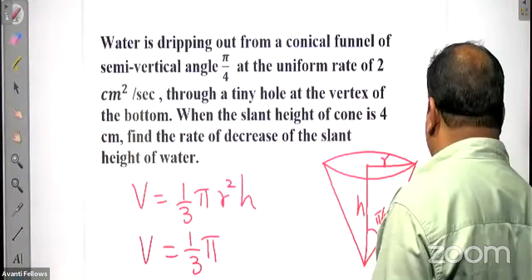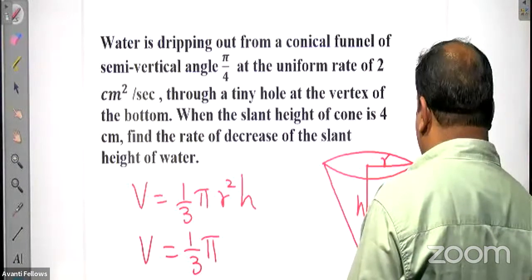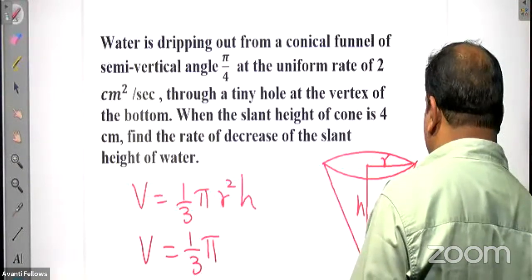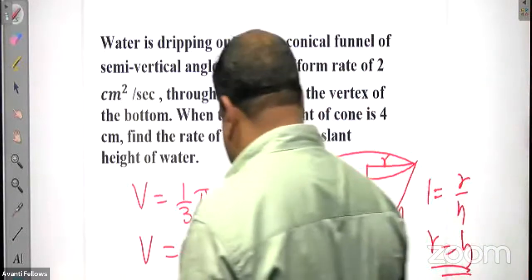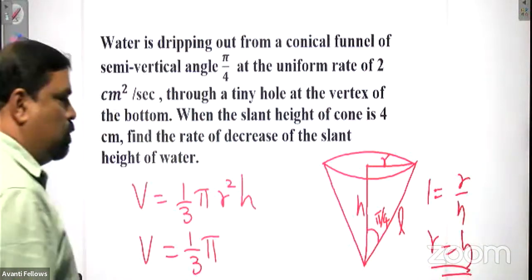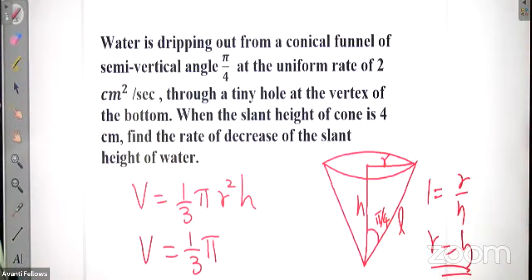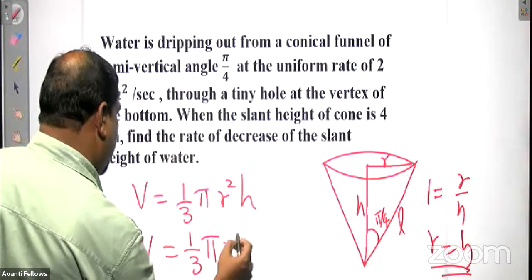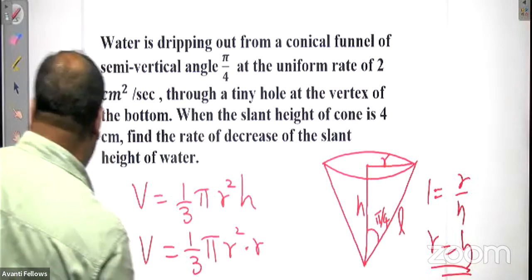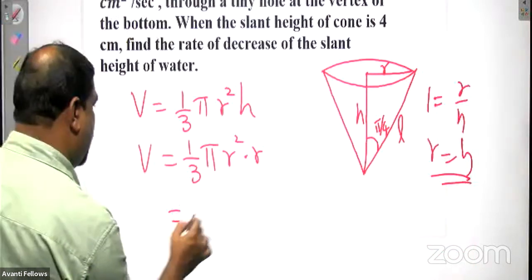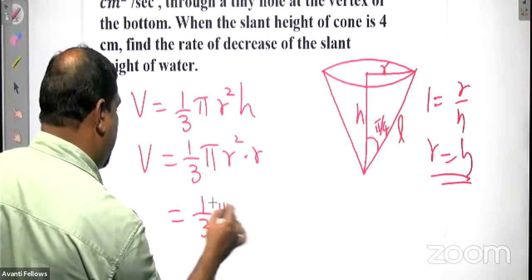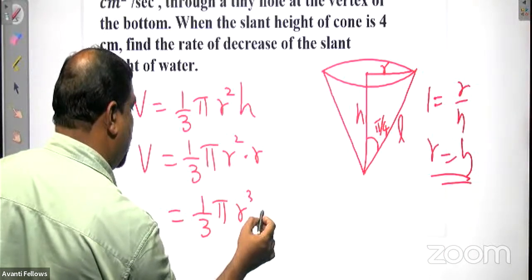If I take tan pi by 4, that is 1, tan pi by 4 equals r by h. That means you will get r equal to h. So in place of h, I can put r. So that means you will get V is equal to 1 by 3 pi r cube.